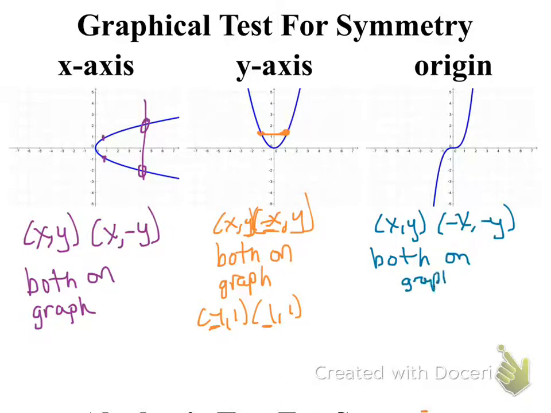So for instance, the graph above here is y equals x cubed. And I have the point (negative 1, negative 1) and the opposite of both of those, positive 1, positive 1, both on my graph. And so we know that is symmetric to the origin. So it's just kind of reflected through the origin. So that is for graphical tests.